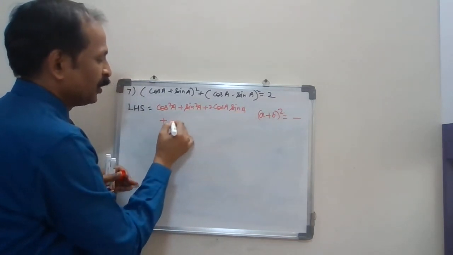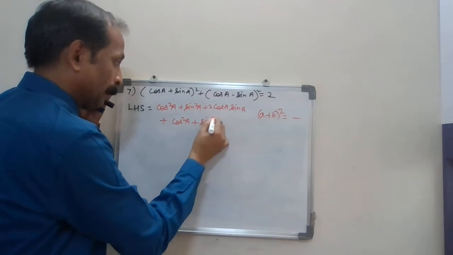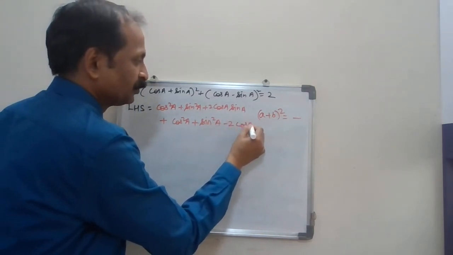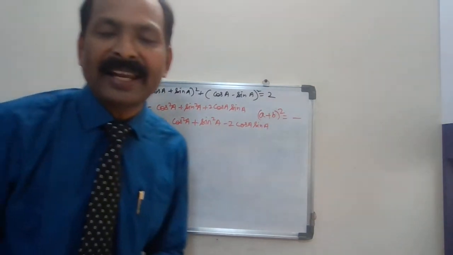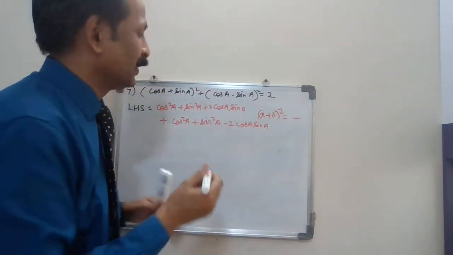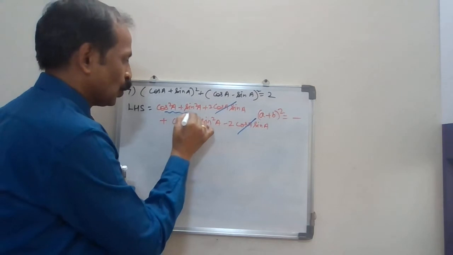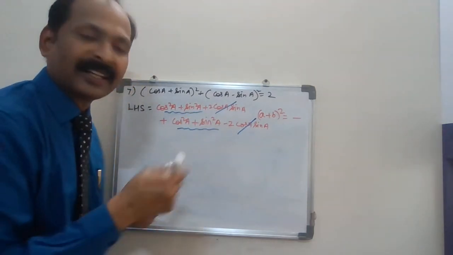Same way here also, A square plus B square minus 2AB. As I told you, some children know the direct formula, so they can write twice A square plus B square, 2A square plus 2B square. So it gets cancelled, the same thing. This is your 1, this is also 1, and then in the next step you can write directly 1 plus 1.